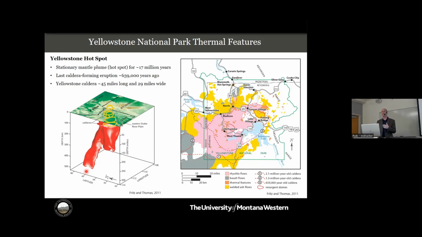And we see it geophysically because when you pass waves down into the interior of the earth, they slow up when they hit something that's hot and mushy. And that creates an outline that shows us, oh, here's a zone that's hot and mushy. Make sense? So there it is. This was created by Bob Smith at the University of Utah.